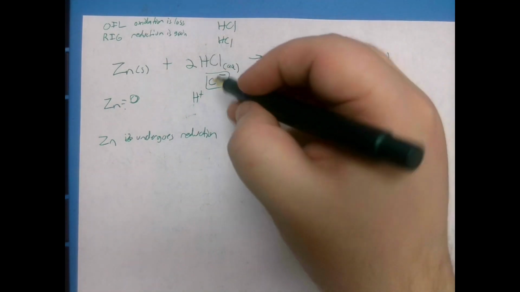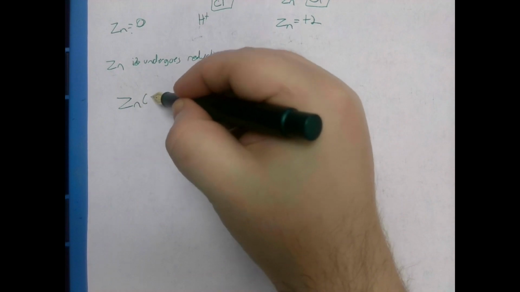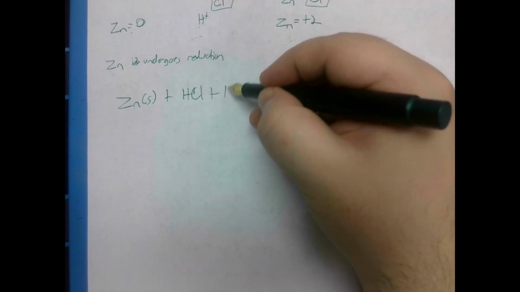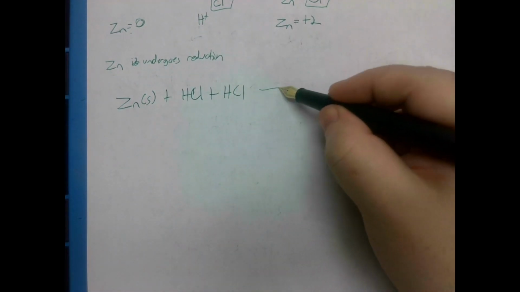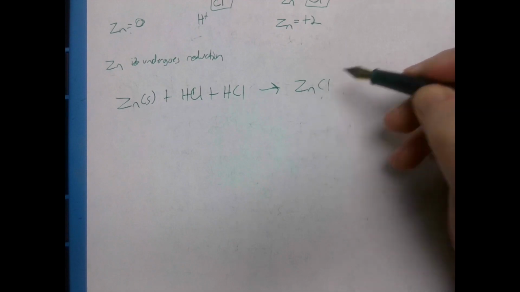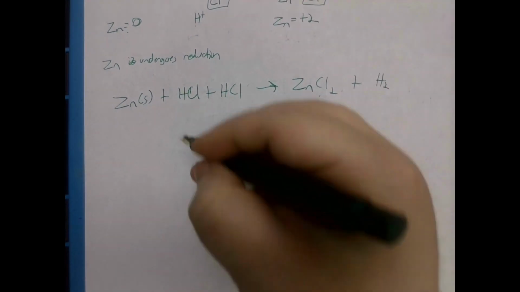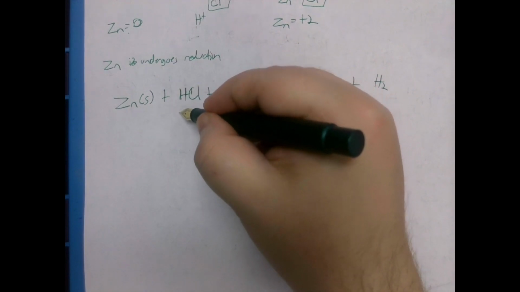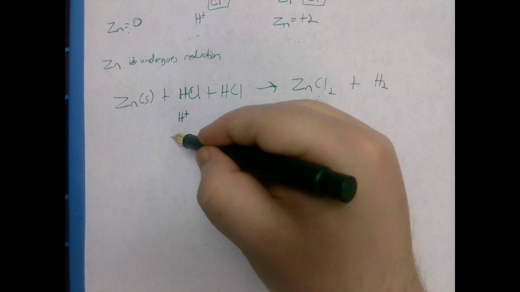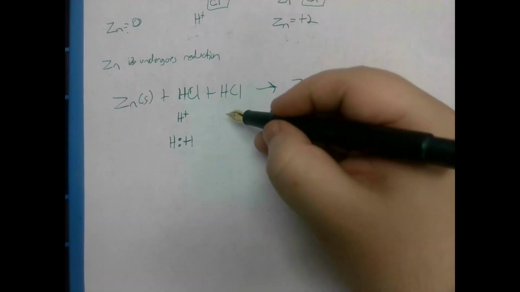So over here, let me illustrate this. We have zinc plus HCl plus HCl, 2 HCl's, and we're making zinc chloride and hydrogen 2. This hydrogen is plus 1, so it has a +1 oxidation number.